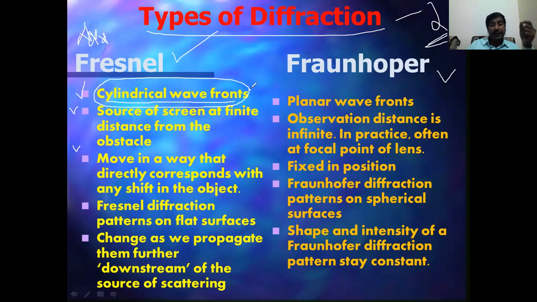Fresnel used cylindrical, whereas Fraunhofer used plane wave fronts.